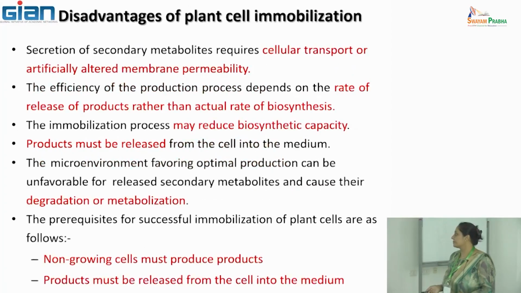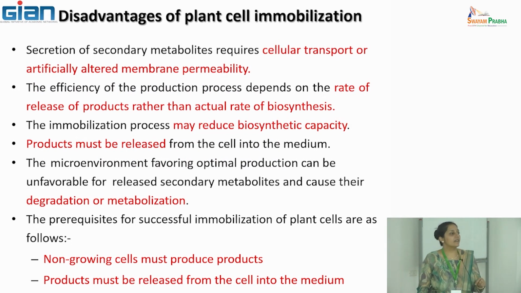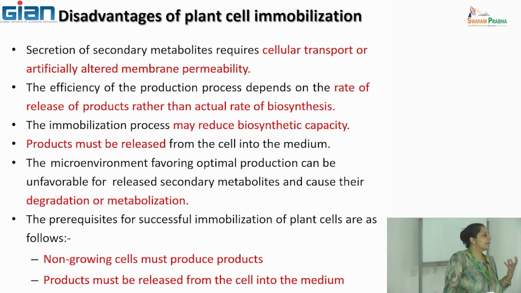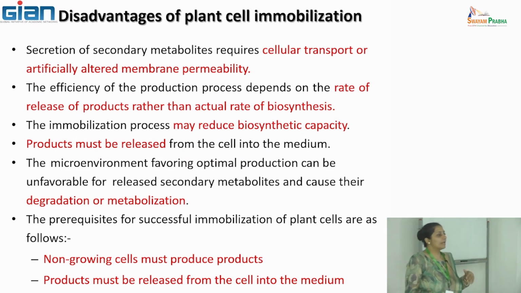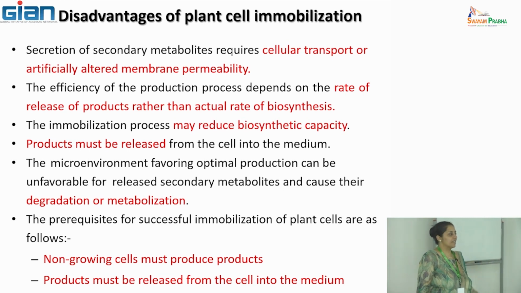There is no direct comparison, because free cell suspensions are completely different from immobilized systems, and their reactor designs are completely different. Sometimes, because plant cells are relatively shear sensitive, immobilizing them is also an advantage to keep them away from the shear effects of the hydrodynamics present in the reactor systems.